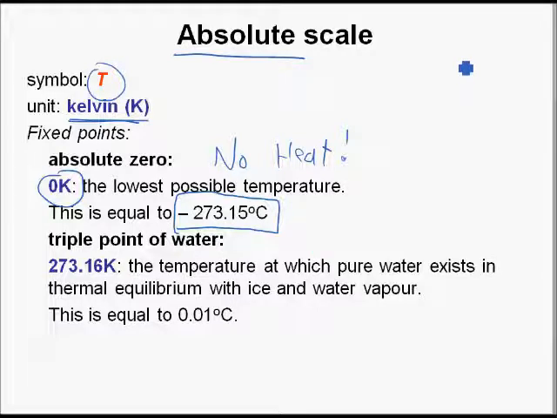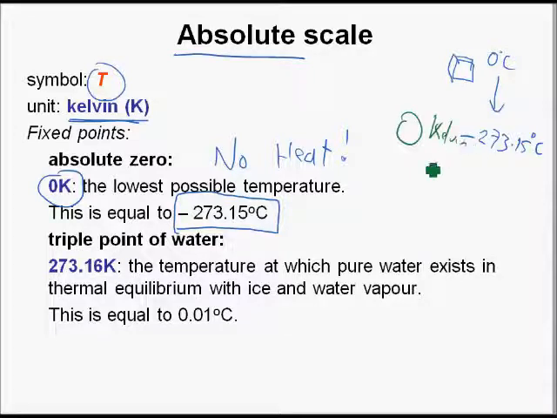So if we started here, thinking back to our Celsius scale, we've got ice, which is 0 degrees Celsius. It's possible to remove heat from this system until we get to a point where there is absolutely no heat whatsoever, and that is 273.15 degrees Celsius lower than 0. This is 0 Kelvin, and this is the absolute scale, absolutely 0 heat.